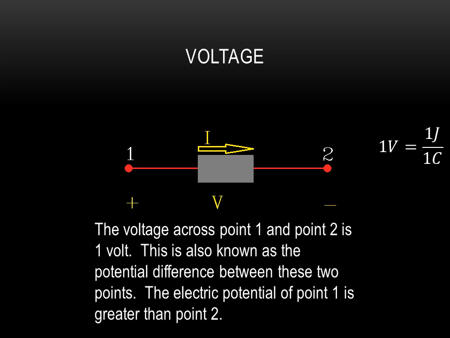In this case, the voltage across point 1 and point 2 is 1 volt. This is also known as the potential difference between these 2 points. The electric potential of point 1 is greater than point 2 in this case since there's positive current from point 1 to point 2.